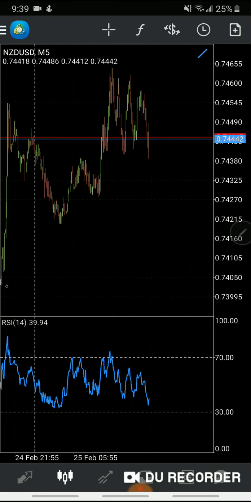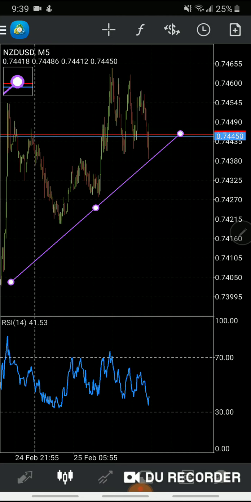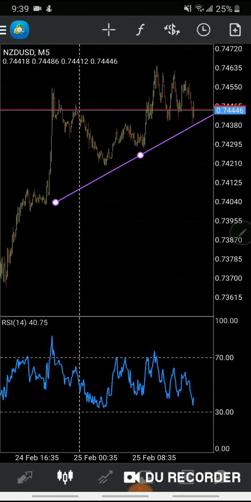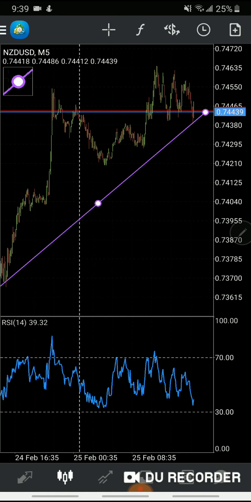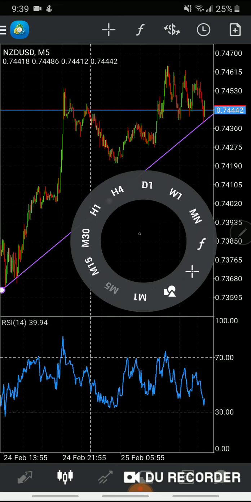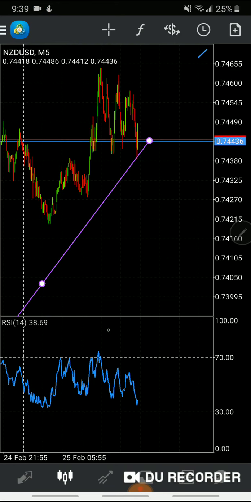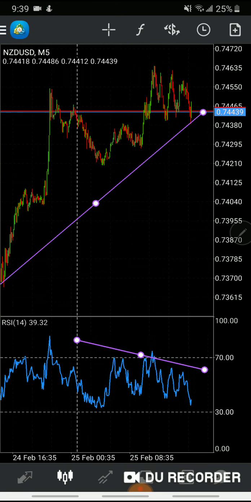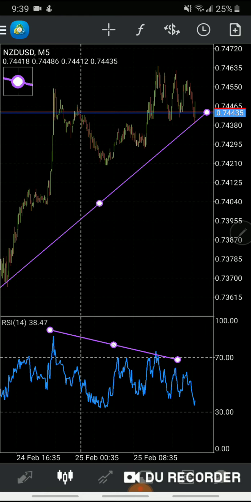So we do have the trend line. This is saying it's going up. We are in an uptrend, right? And the other, which is the indicator, it's saying that it's heading down.